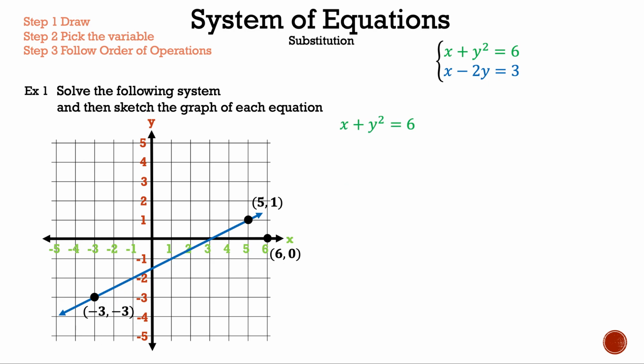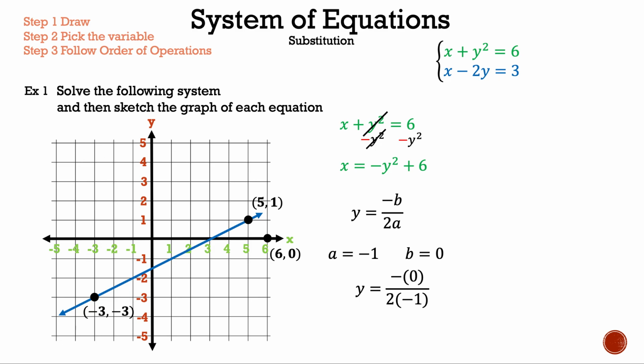First, let's solve for x by subtracting y squared on both sides. So x is equal to negative y squared plus 6. Now we can use the formula y is equal to negative b over 2a. What do you think a and b are? a is negative 1 and b is 0. Now we can substitute negative 1 for a and 0 for b. So now we have y is equal to negative 0 all over 2 times negative 1.